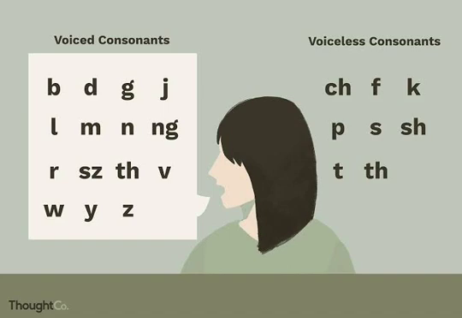As we saw in the previous unit, the letter C can represent a number of sounds. C can be transcribed with k in words like can, and s in words like ice. QU as in queen is transcribed as kw.